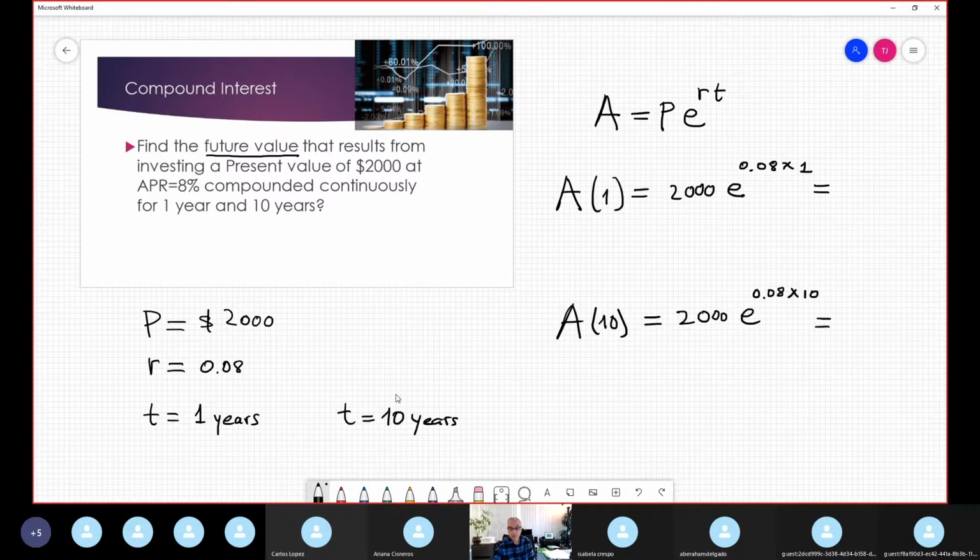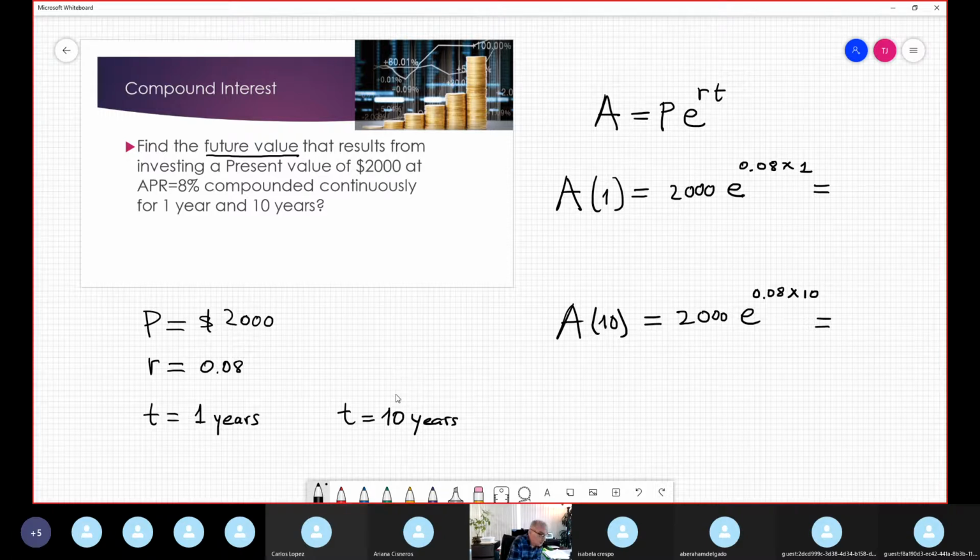Okay, let me see. Come on, everyone, compute that. 2,000 multiplication exponential. Exponential is here in my calculator.